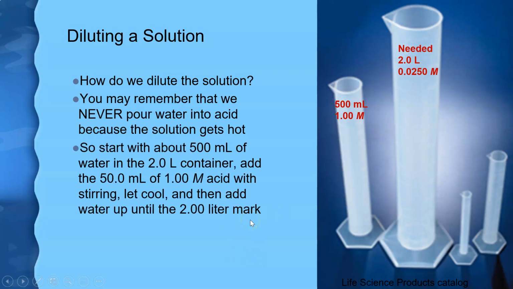So we would start, say if we need 2 liters, we might start with a liter of water or 500 milliliters of water. We would add the acid, let it cool down, and then we would go ahead and add the water up to the 2-liter mark. So you always want to add acid to water because of the heat generated by that solution.